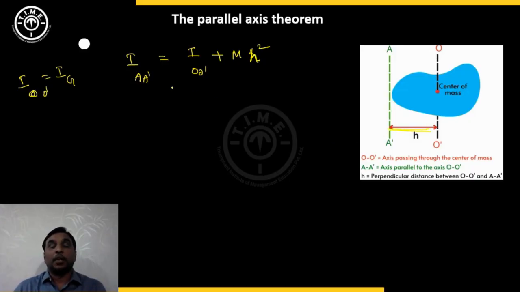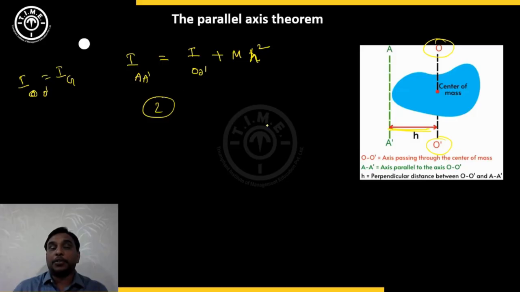Now how to apply it? Point number 1, 2 axes are required. Out of the 2, one should pass through the center of gravity, that is OO prime here according to the picture. The second one is parallel to that.